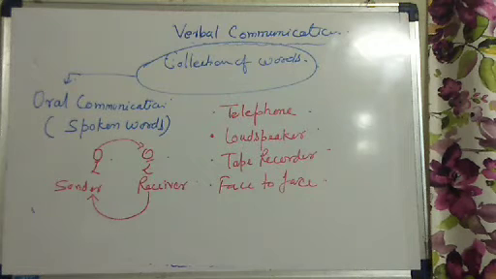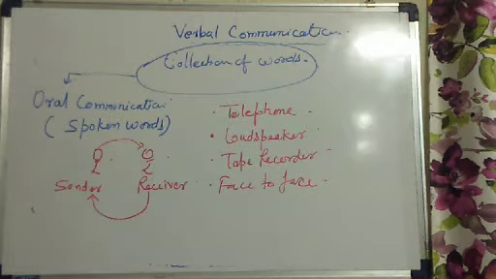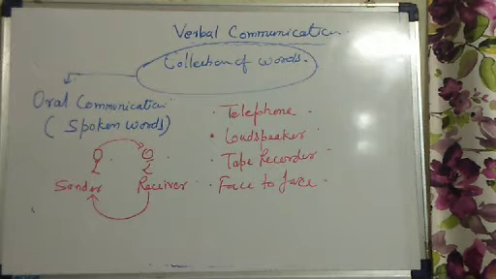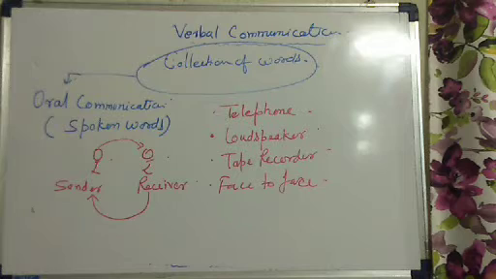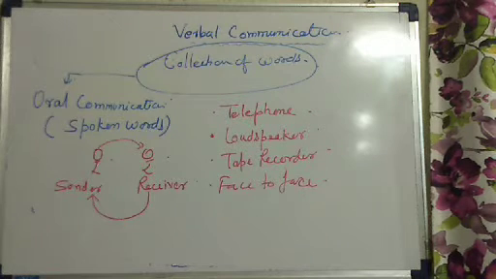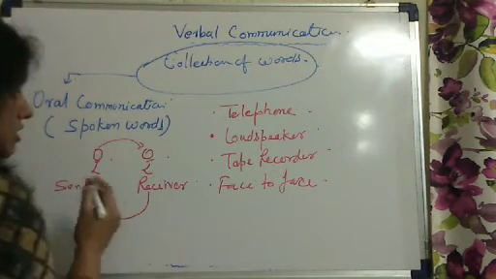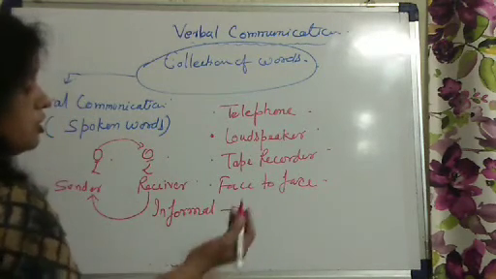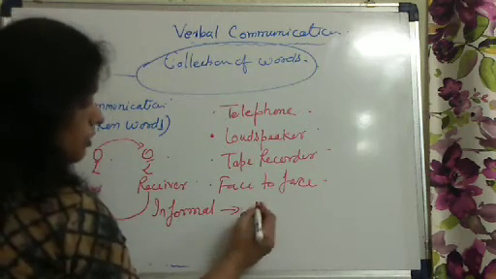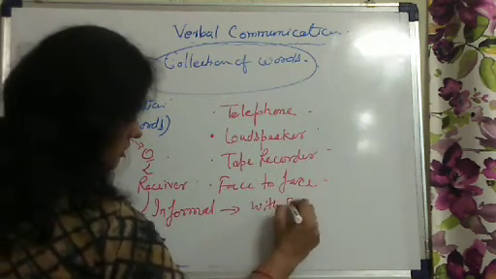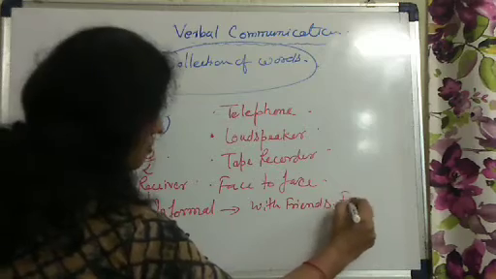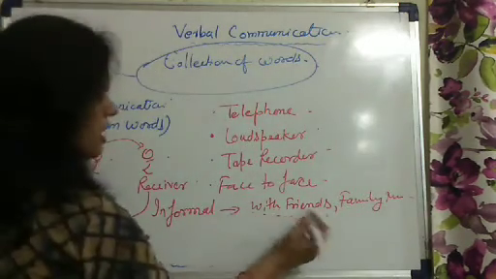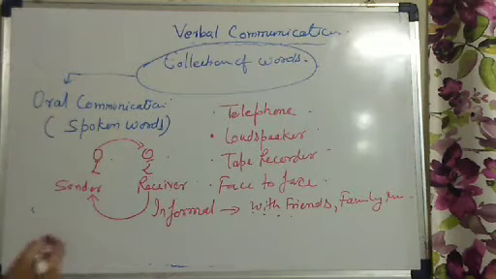Oral communication can sometimes be informal, or sometimes formal. It depends upon the situation and the place where we are communicating. Informal communication is when you are talking to your friends, family members, your classmates, or anybody with whom you are communicating informally.